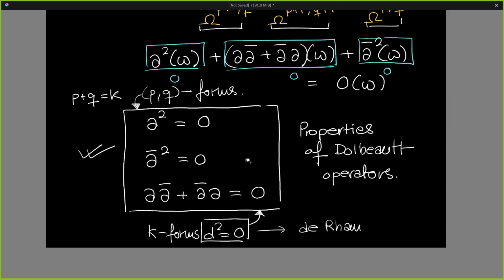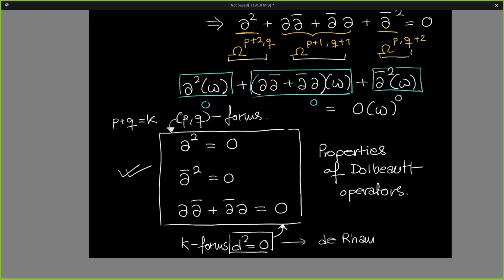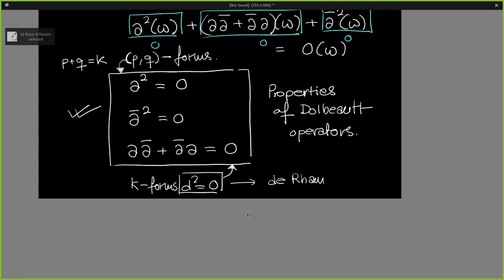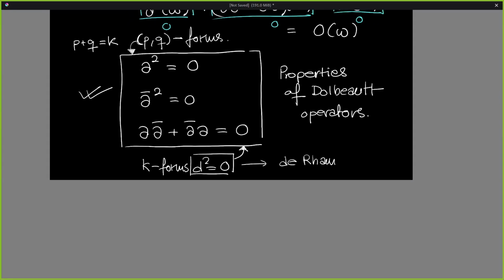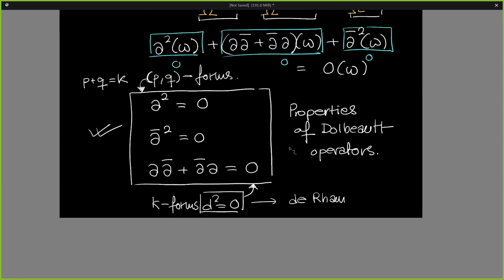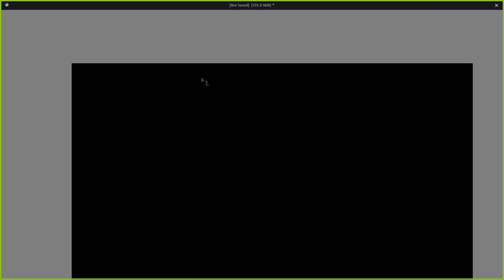But this is what gives us a lot of power. The restriction is what makes a lot of structure emerge from complex spaces. So that is our last result. Now let's take stock of what we just defined, the Dolbeault operators.